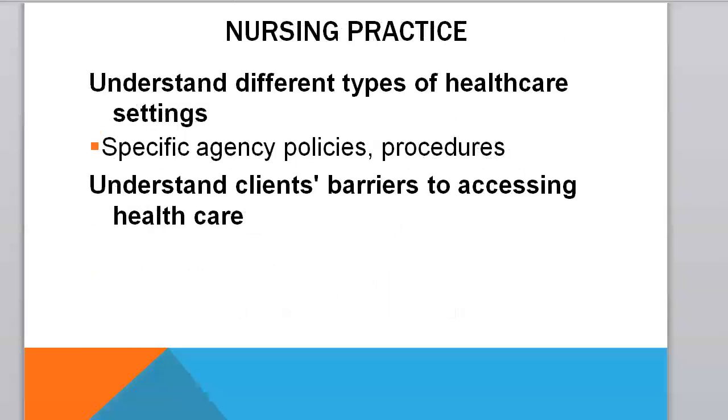And then again, understanding different types of healthcare settings, specific agency policies, procedures, and understanding clients' barriers to accessing healthcare. And your book did talk about some of those barriers. We know there are some patients out there who are uninsured as well as underinsured.